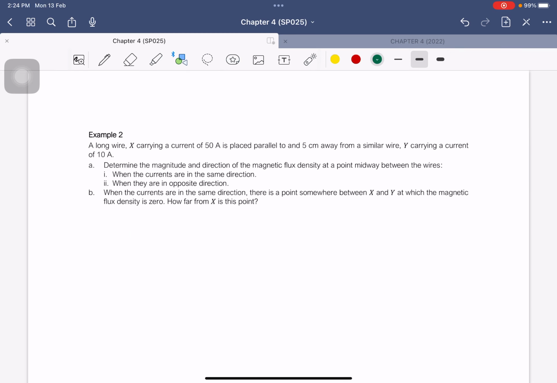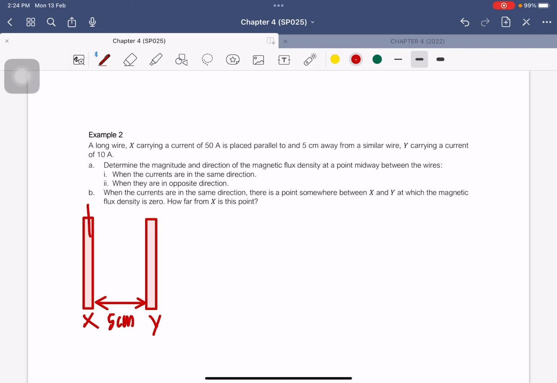Right, example number 2, we have a long wire carrying a current of 50 ampere placed parallel to another wire, 5 centimeter away. Let me just draw the wire. So we have 2 wires here, and then they are placed 5 centimeter away from each other. So this is 5 centimeter, this is wire X, this is wire Y. So now we have to determine the magnitude and direction of the magnetic flux density at the point midway between the wires.